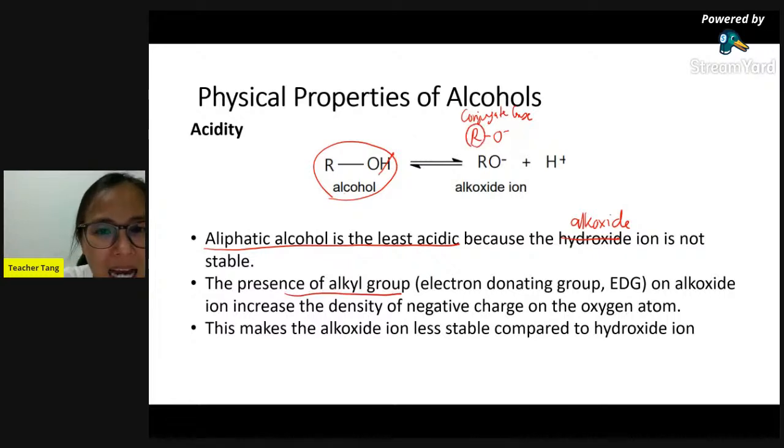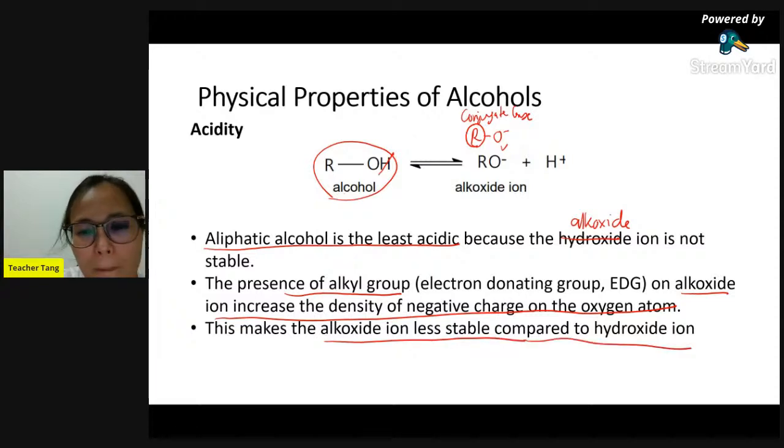The alkyl group on the alkoxide ion increases the electron density on oxygen, therefore making the alkoxide ion less stable compared to hydroxide ion. That's why aliphatic alcohol is the least acidic.